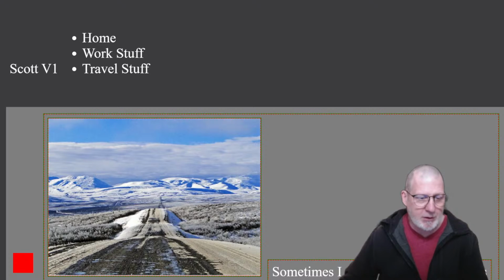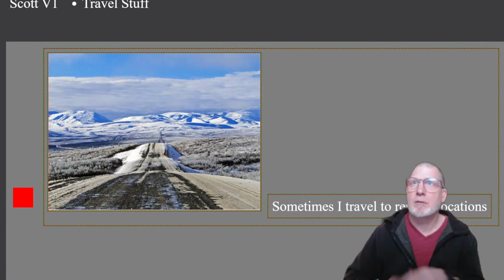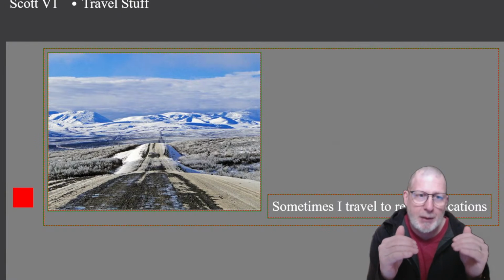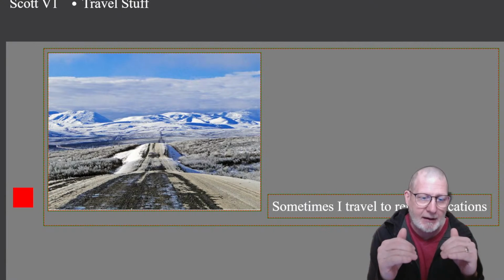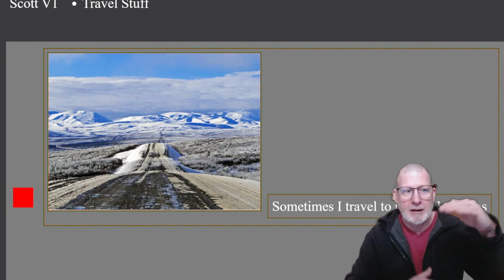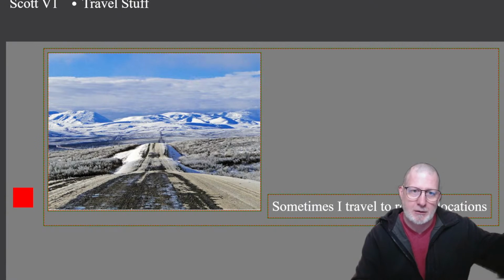At the bottom of the image, what you see with the padding, the text "sometimes I travel to remote locations" — because of the padding and margin on that, they make the container bigger. And the image is positioned in the upper left portion of the container.